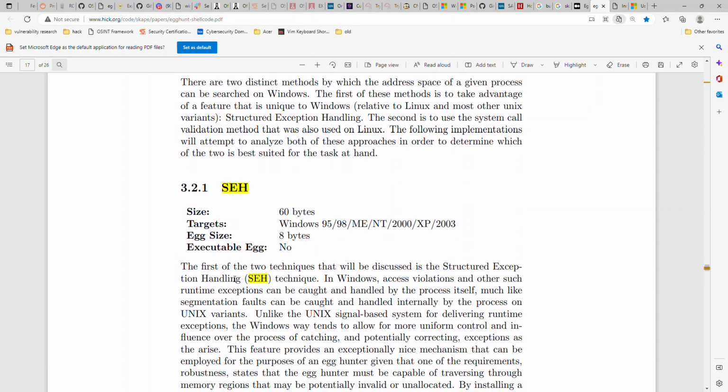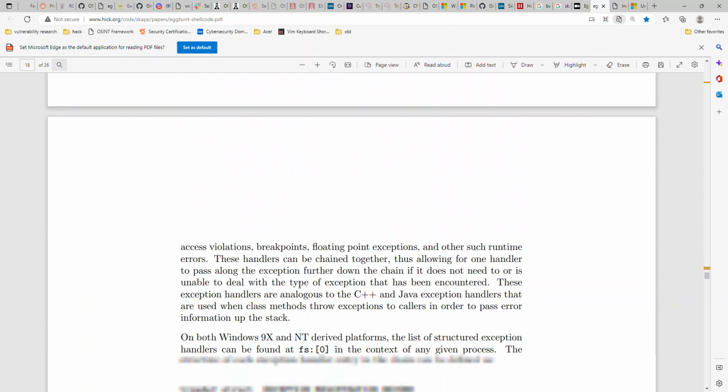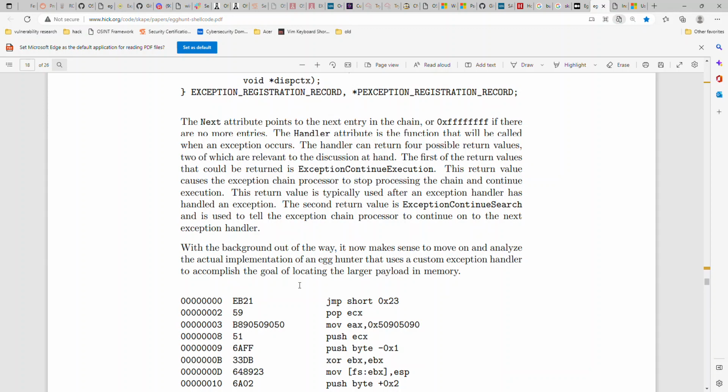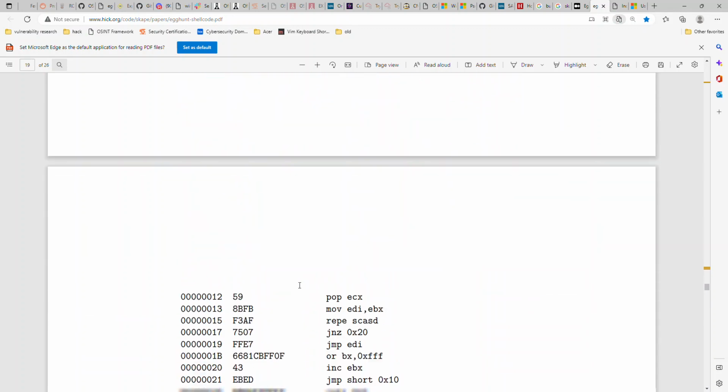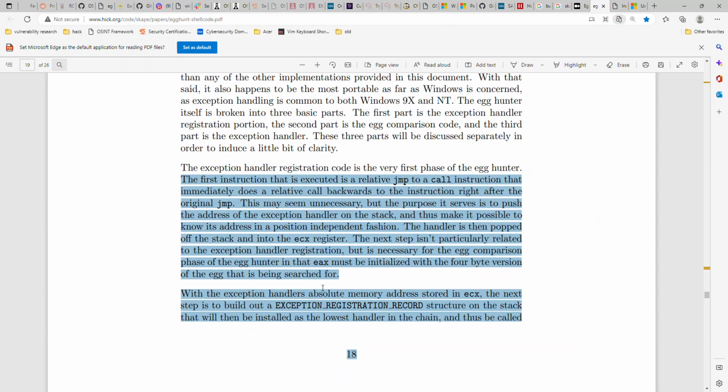It is about using the SEH, or structured exception handling technique, to find the egg, or the payload stage 1, in our buffer. I think the course material of OSED or EXP 301 might have taken reference from this, but it was not referenced in the footnote at all. So this was a rare find.